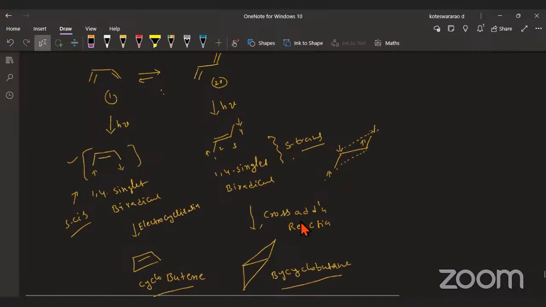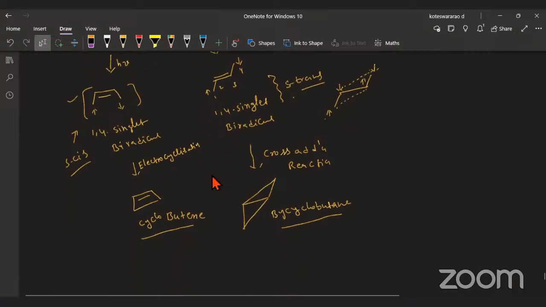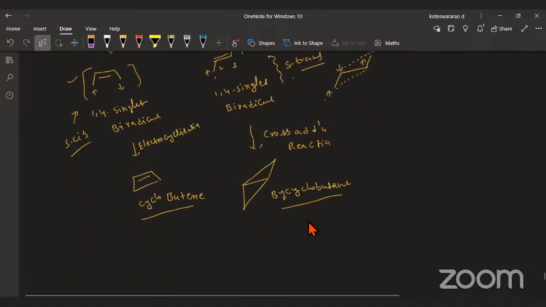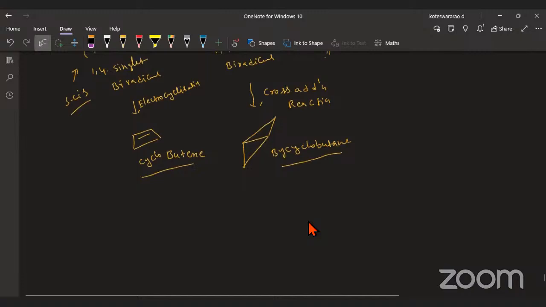In these two cases, it is not required any triplet sensitizer. Directly it produces the singlet state. That singlet state, the 1,4 biradical singlet state, is involved in the reaction that creates the formation of these two products. These two products are major products in the above reaction.